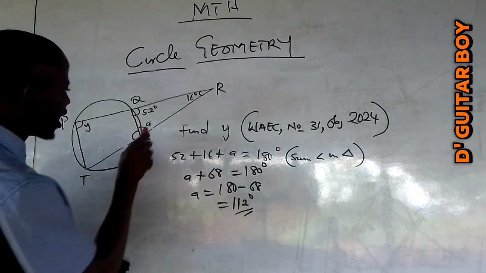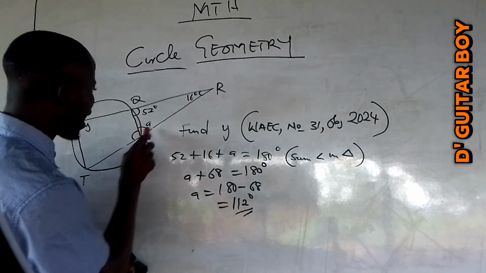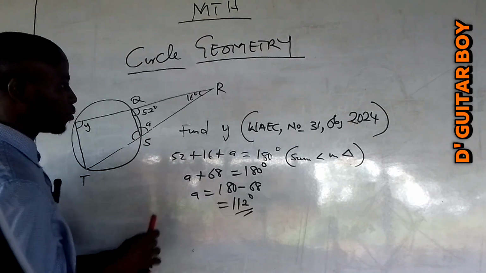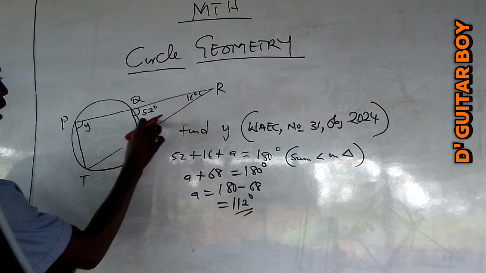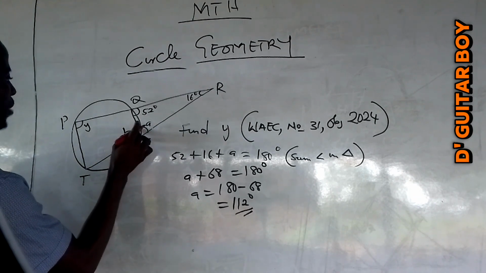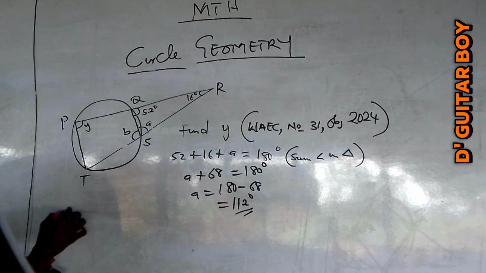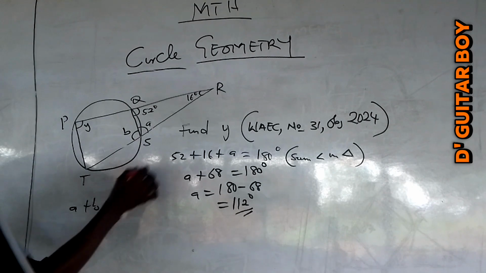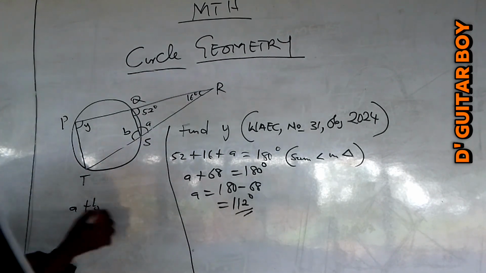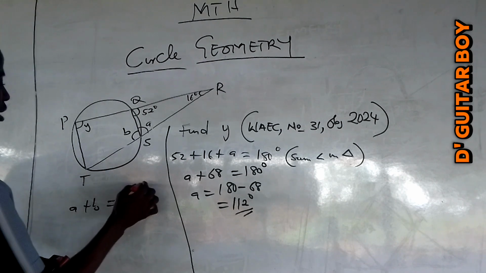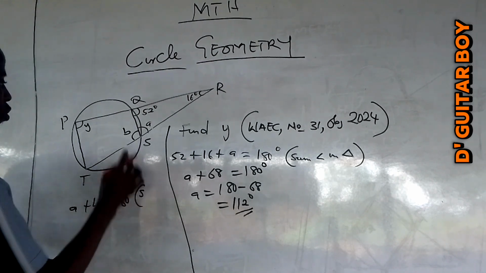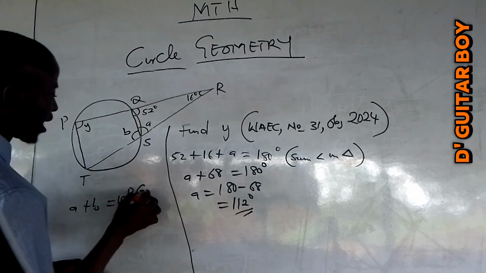Since we have known here now, from here I can get here. What do I do? I will say that A plus, let's say this one is B, from here to here is B. A plus B is equal to 180 degrees. What's the reason? Sum of the angles on a straight line.